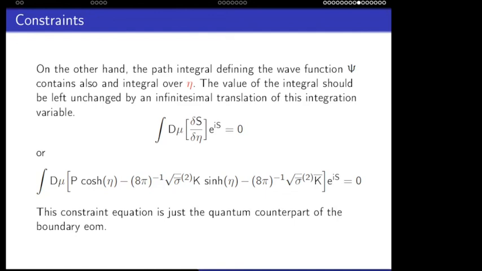You are integrating over all the configurations, which could be solutions of the Einstein equation or not. This is why this is not an identity, because in this integral you are integrating over all configurations. This is a constraint. Now you have to satisfy this constraint in order to evolve the quantum state. Is that clear?